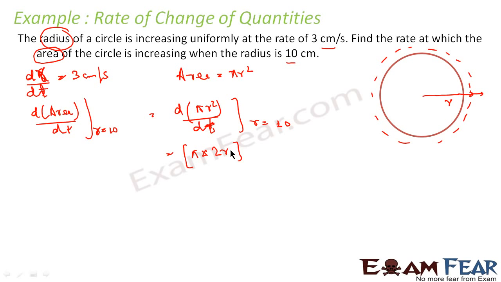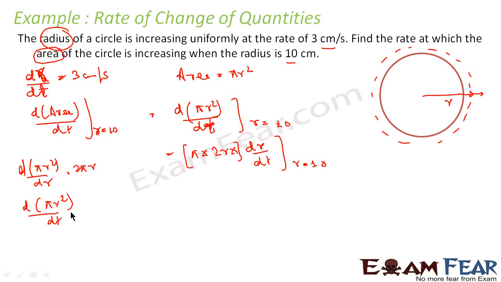Since it is dt, the dr by dt component will come. I wrongly took it as dr. If it is dr, then d of pi r square by dr will be 2 pi r, correct? But d of pi r square by dt will be 2 pi r dr by dt.